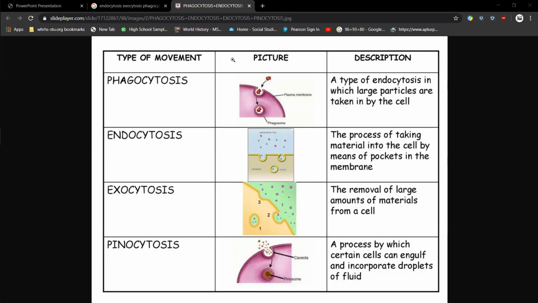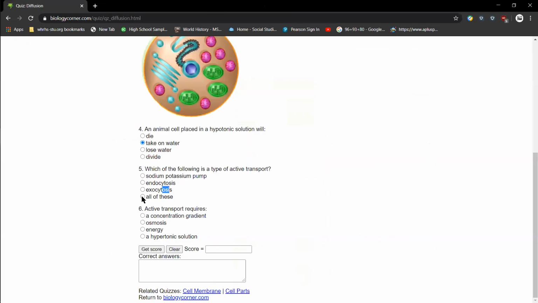Okay, so back to the questions here. So yeah, the answer to this was all of these. Pinocytosis, phagocytosis, exocytosis, and endocytosis all require energy. And then remember, the sodium potassium pump also requires energy. So active transport requires, it should be pretty easy now.